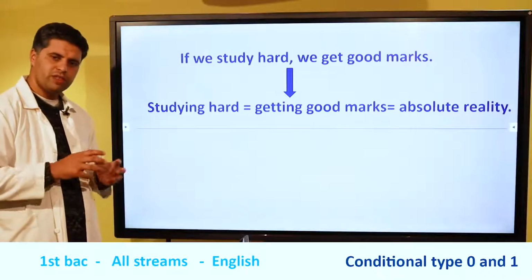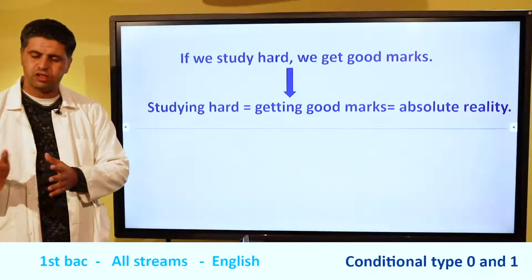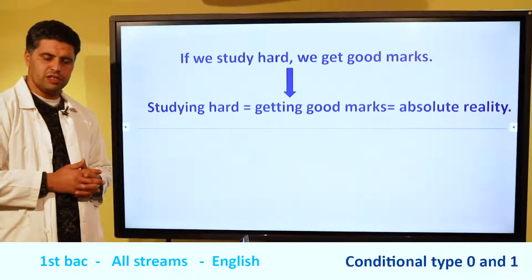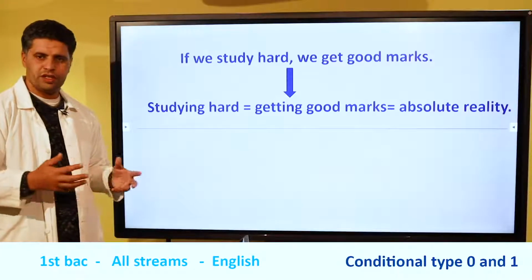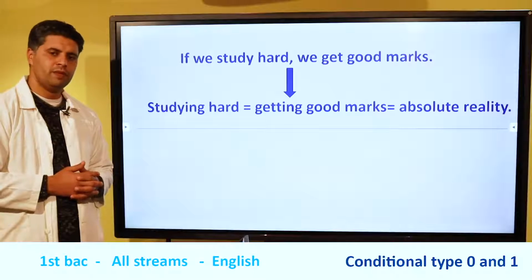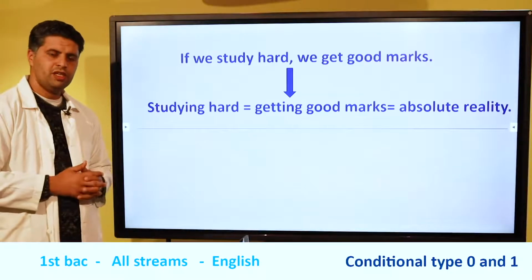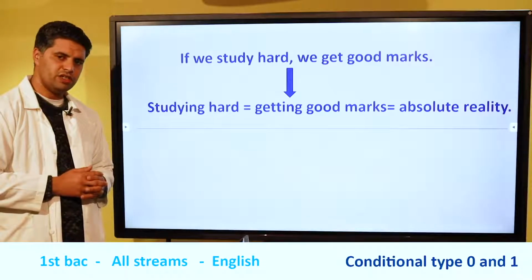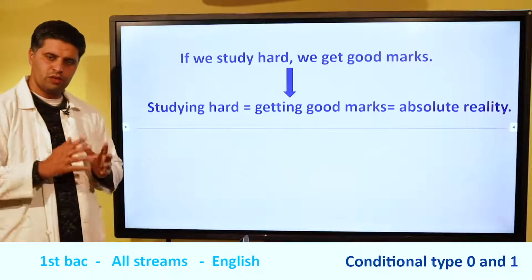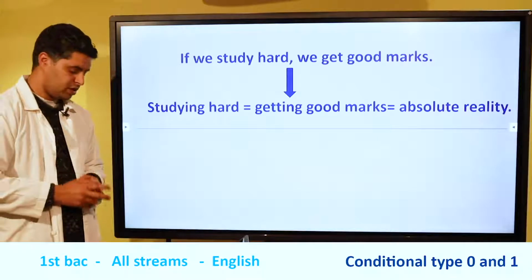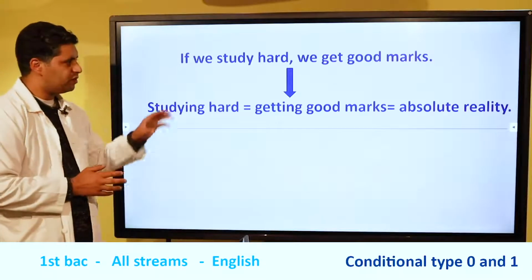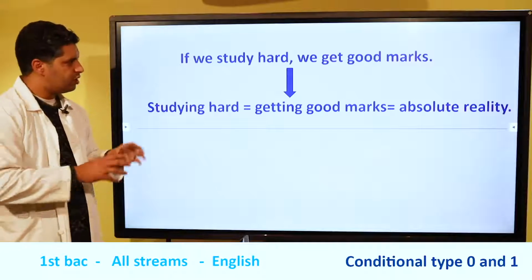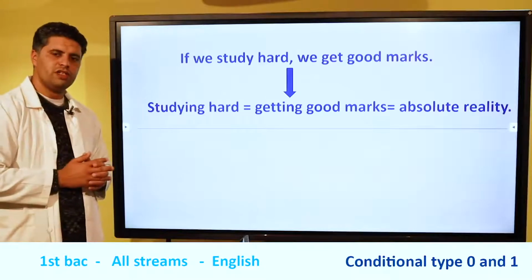When you study hard, you get good marks. It is an equation that everybody believes in. It is something that we cannot change. This is the meaning of the first construction that we have here.